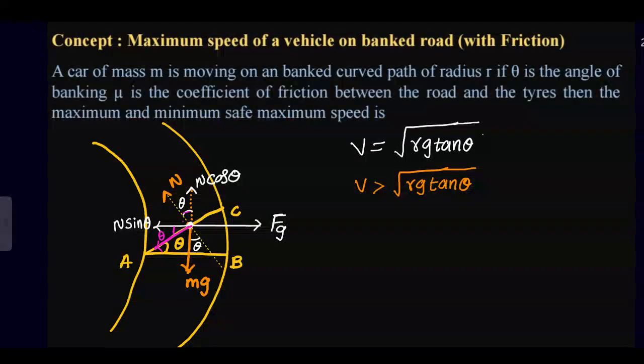So in this direction we have one more component. This is what, tell me now? F cos theta will come. And in this direction we have, what, tell me now? F sin theta. Okay, mg direction. Okay, F cos theta and this F sin theta.